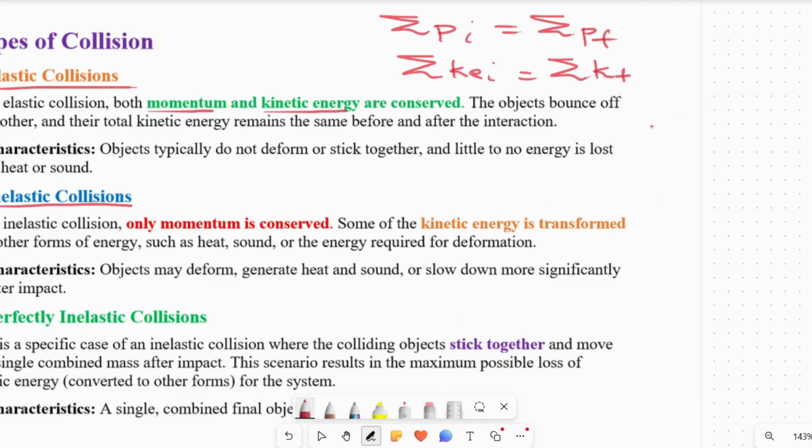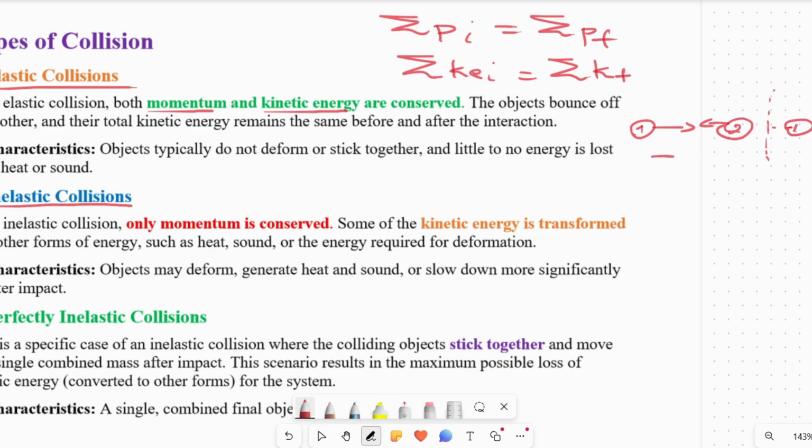I have object number one here, coming into collision with object number two. Then after collision, maybe object number two and one are moving together or whatsoever.